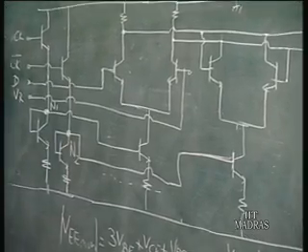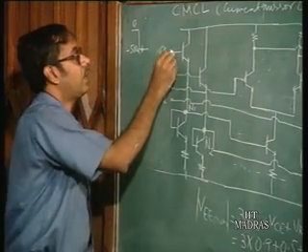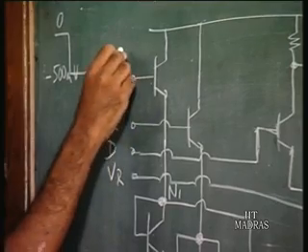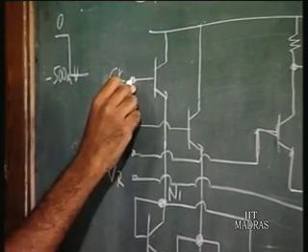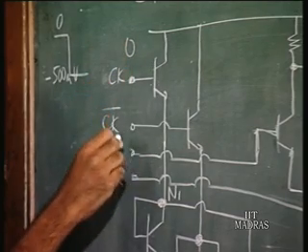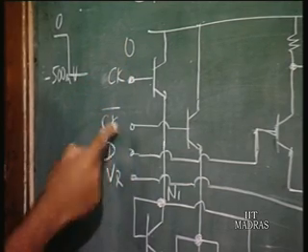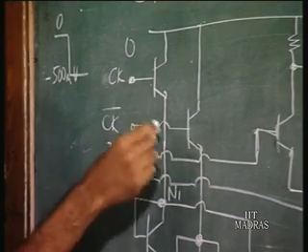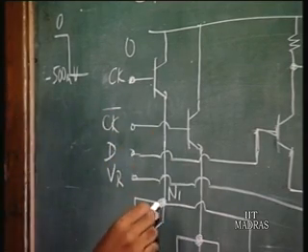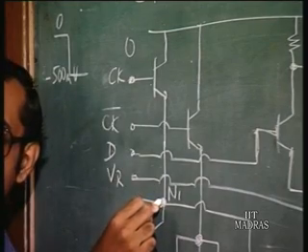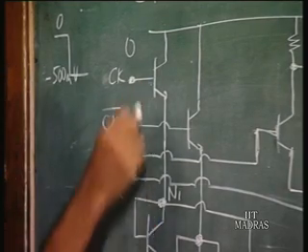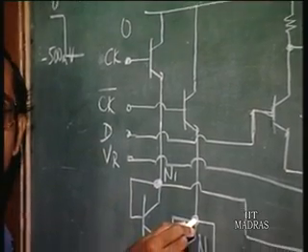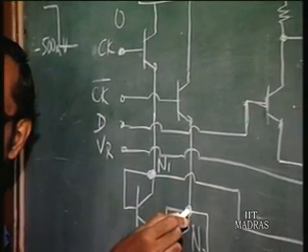So what is going to happen is, say if clock is high, that means here the voltage is 0 volts, that would mean that clock bar is low, that is minus 500 millivolts. Which would mean that the voltage at node N1 is going to be high, because it is basically a level shifting here, and the voltage at node N2 is going to be low.